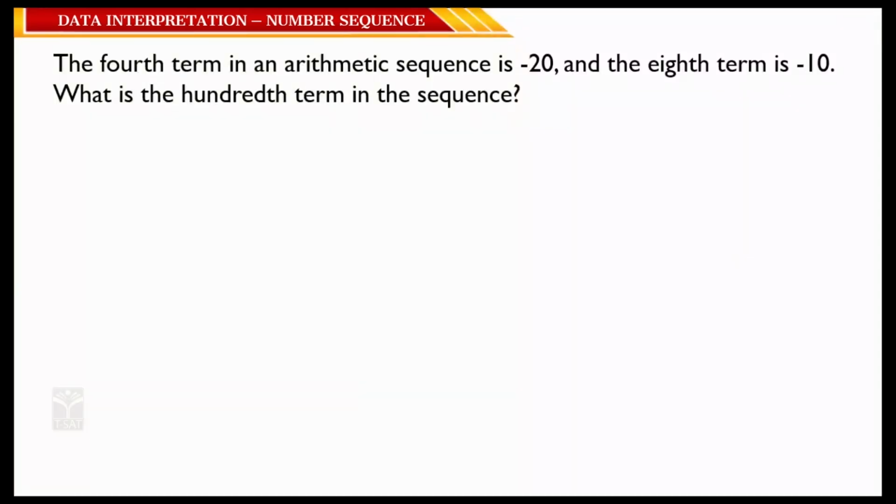The fourth term in an arithmetic sequence is -20 and the 8th term is -10. Then what is the 100th term in this sequence? This is the question. Here T4 equals -20 and T8 equals -10.